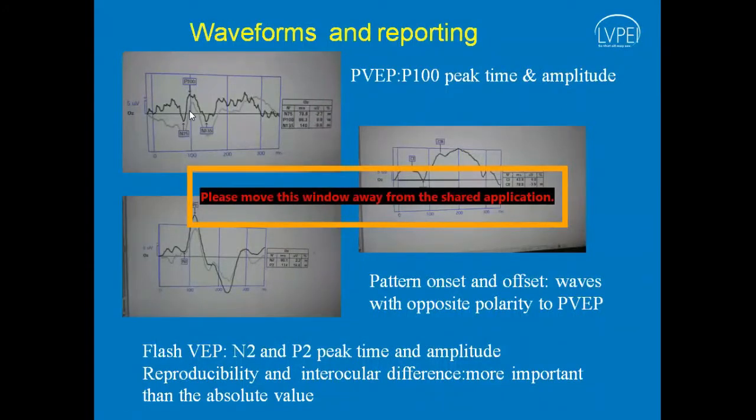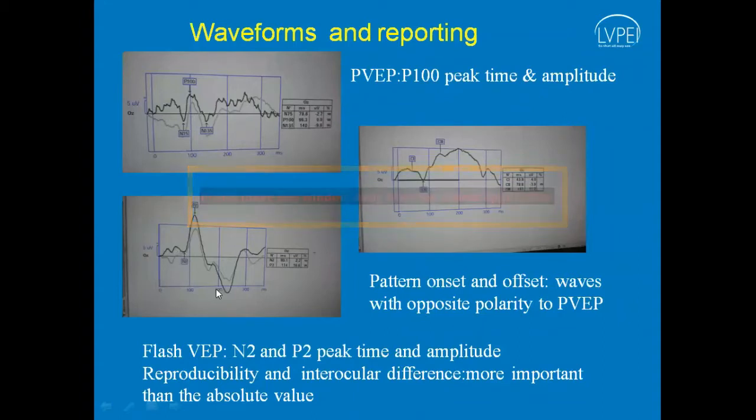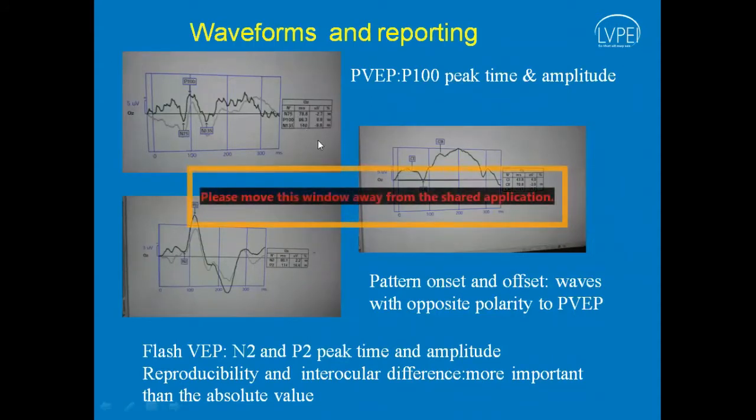This is how the waveforms look. The robust component is the P100. Usually the amplitude and latency are seen more often. While in the flash VEP, we have N1, P1 and N2, P2, and in the flash VEP we just look at the reproducibility and the difference between the two eyes. In pattern VEP, the P100 amplitude and latency can be affected in various optic nerve disorders.